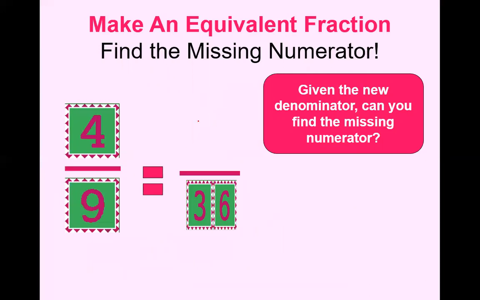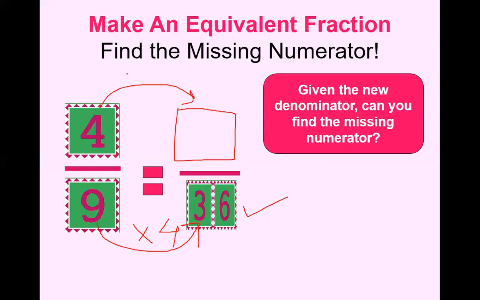Now the next question is, you have to again find the missing numerator. We don't have a numerator over here, we need to find it. But we can see that we have a denominator 36. So how will you make it 36? Because in the 9 tables, 36 comes at 4. So 9 4s are 36. The same number you have to multiply at the top to get an equivalent fraction. So 4 4s are 16.